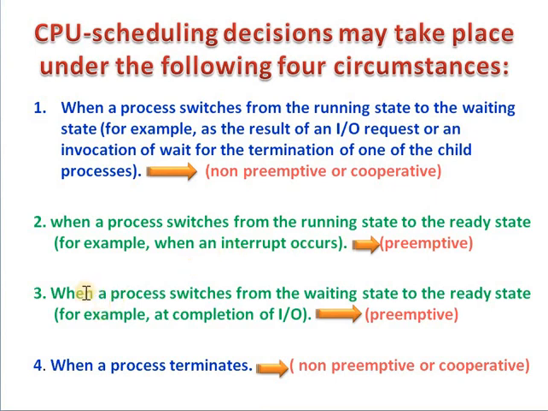Third, when a process switches from the waiting state to the ready state, for example at completion of an I/O request, preemptive scheduling is also required. Fourth, when a process terminates, non-preemptive or cooperative scheduling is required. Non-preemptive scheduling is also called cooperative scheduling.